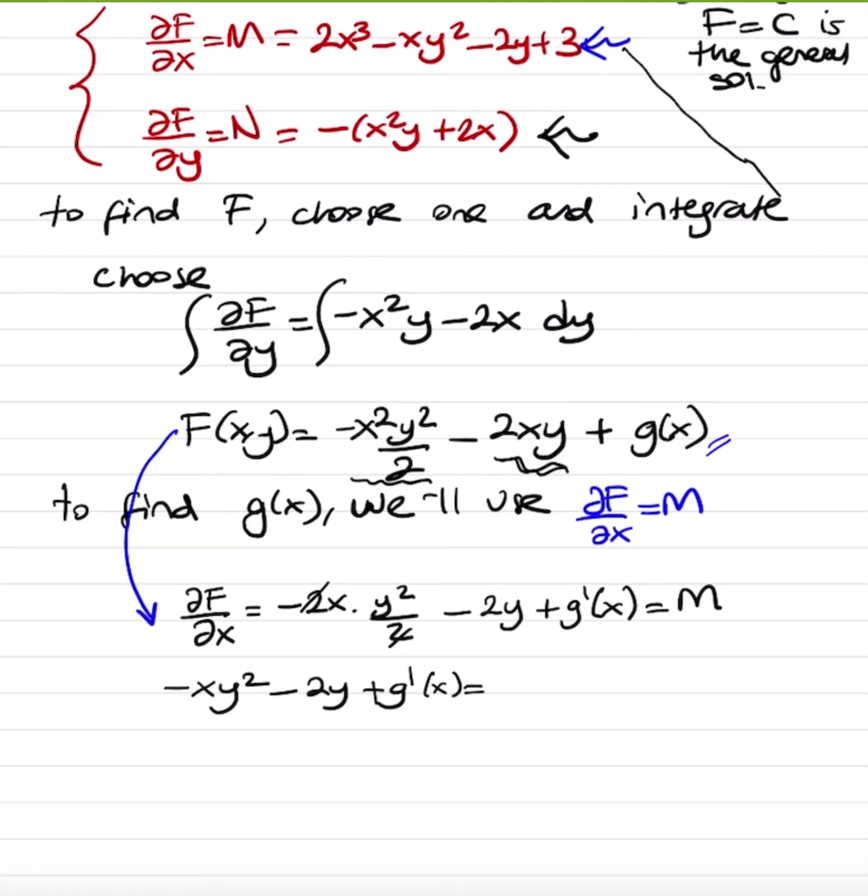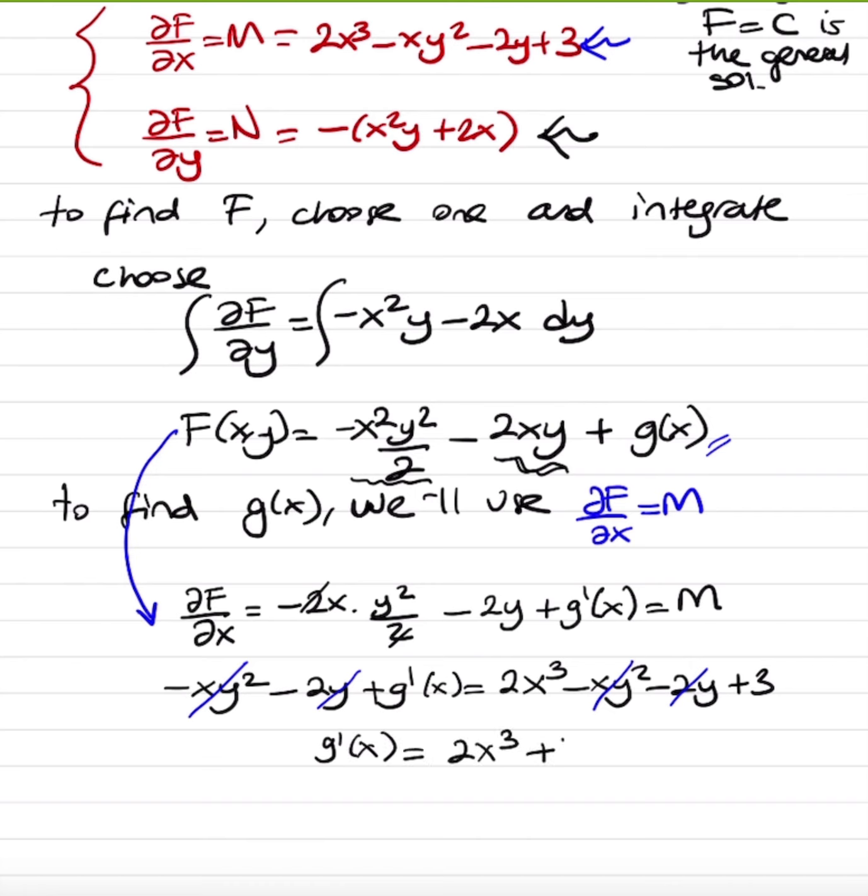What is m? We can write it from here. It is 2x cubed minus xy squared minus 2y plus 3. So let's see what we have. We will cancel these terms and we will get g prime of x is 2x cubed plus 3.